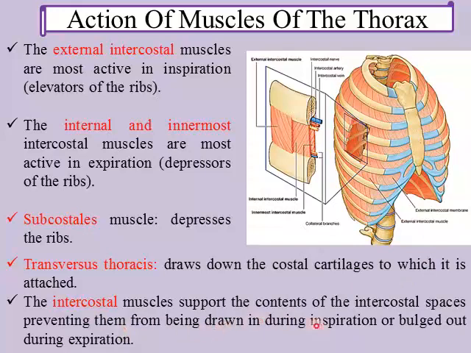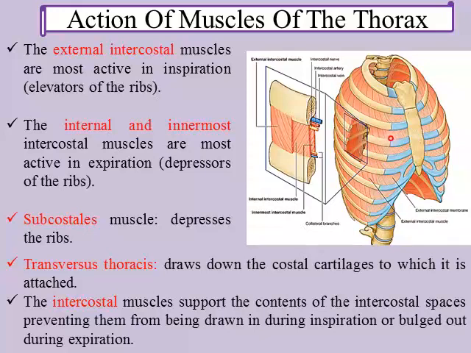All the muscles of the intercostal spaces support the intercostal spaces, preventing them from coming out and in during inspiration. What does this mean? Can you imagine if these two spaces are not filled with muscle? During inspiration and expiration, with the change of pressure inside the thoracic cavity, if the pressure increases, the thoracic cavity will bulge through these spaces.